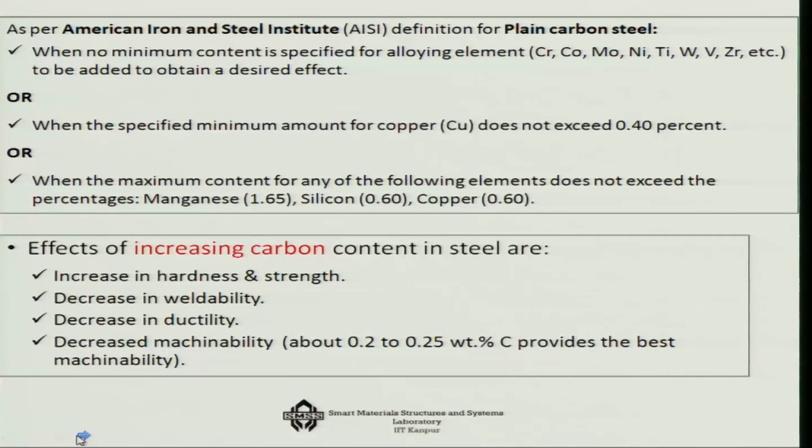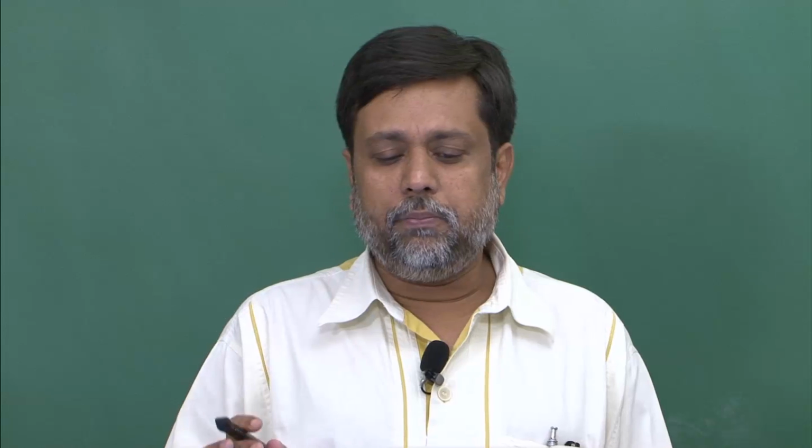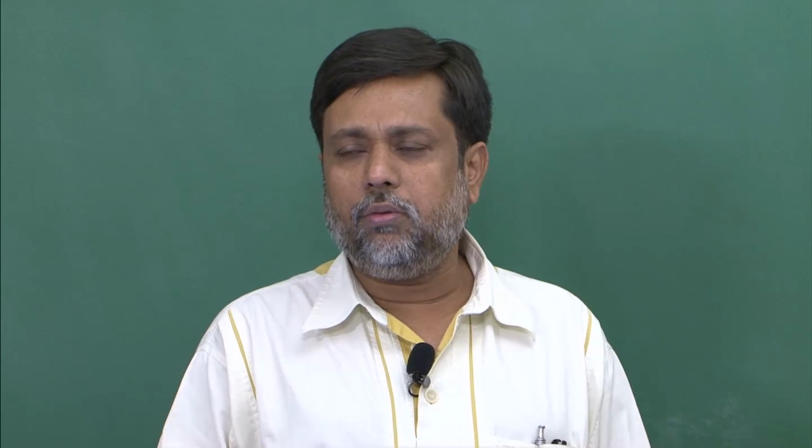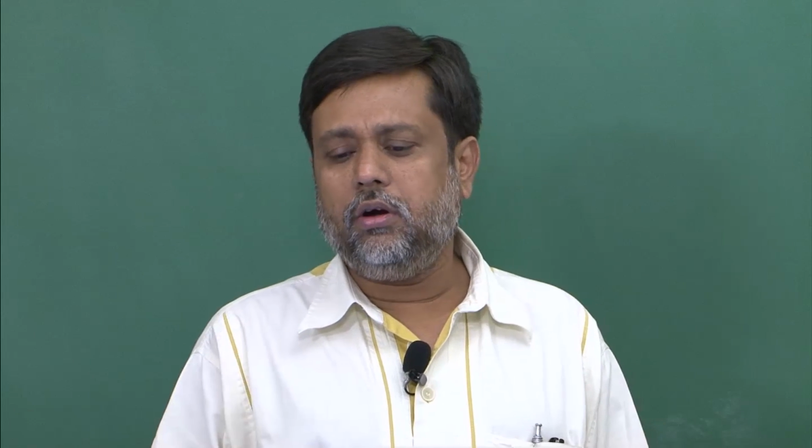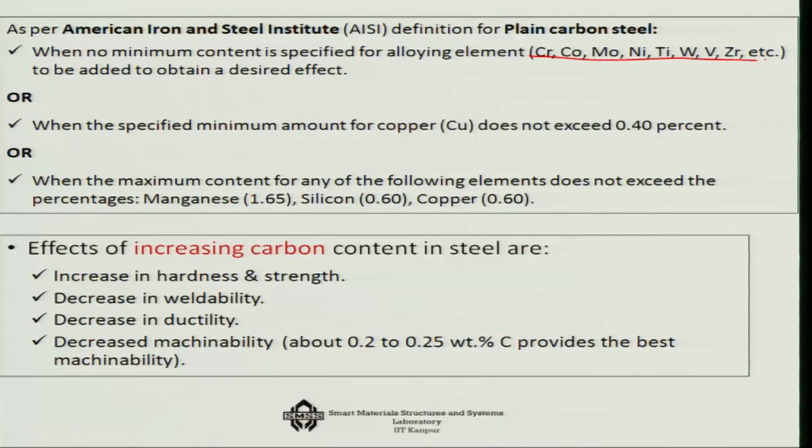There is an AISI definition that says that if you do not specify the minimum content of materials like carbon, cobalt, molybdenum, nickel, titanium, tungsten, vanadium, zirconium, etc., to be added to obtain a desired effect, then that would be one qualifying point for a plain carbon steel.